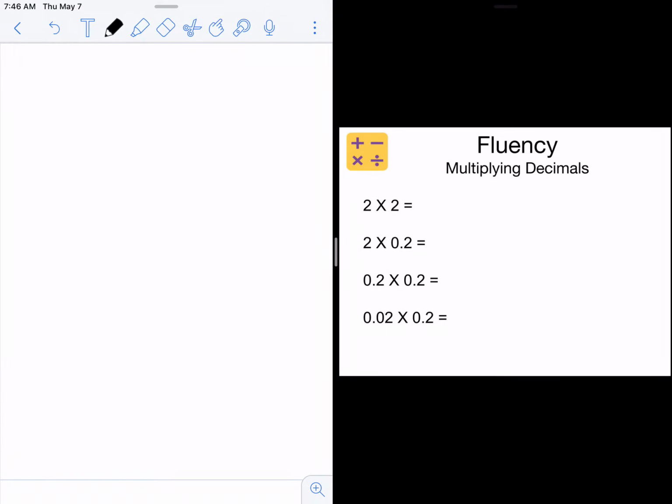First, we have a little fluency for you to do this morning when we are multiplying decimals. So what I want you to do is pause this. I want you to do these problems on your own and then come back and check your work.